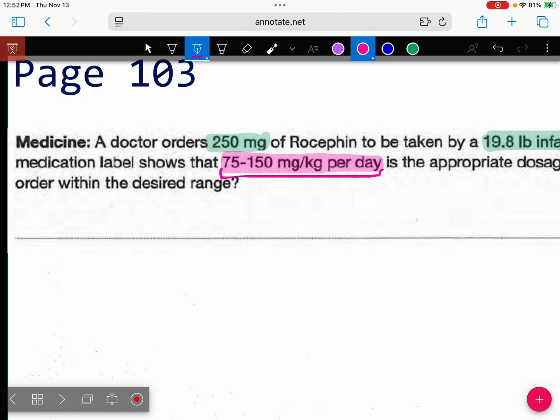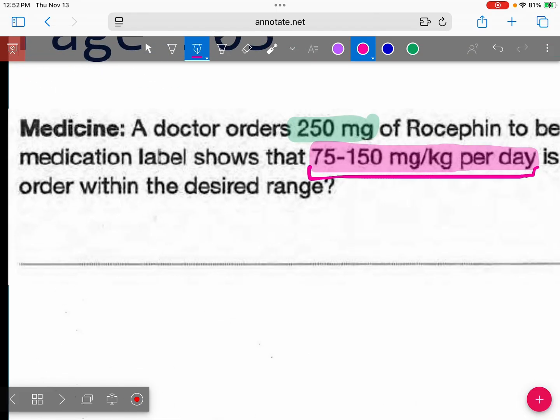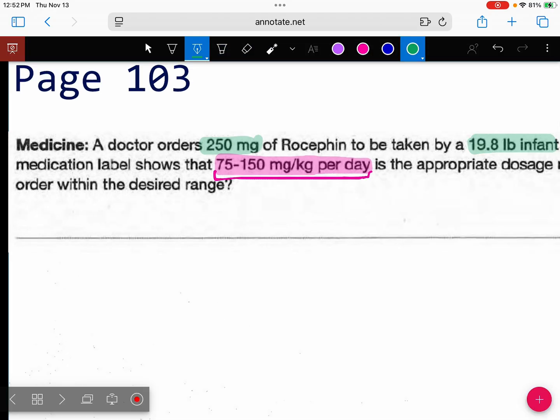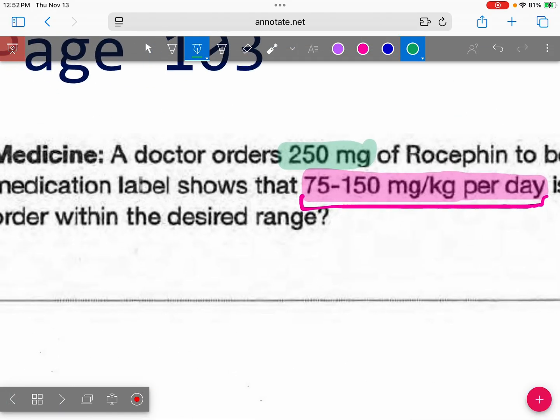So what we're going to do is try and figure out this prescription that the doctor gave. How much medication is that 20-pound infant taking in a day? So what we know, we want to wind up with something that says milligrams per kilogram.